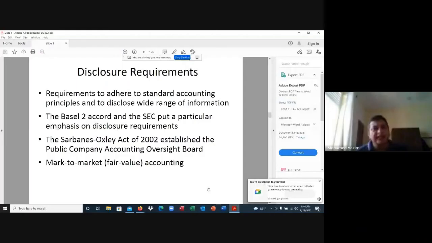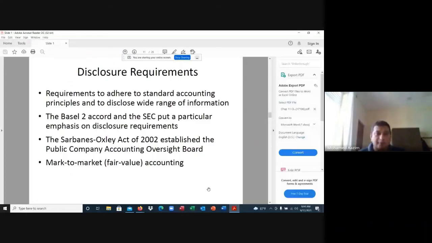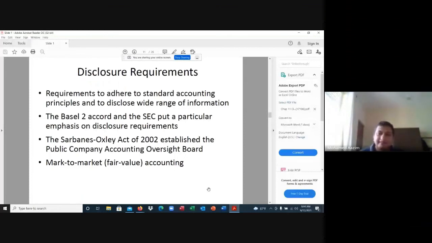Another requirement in terms of regulatory arrangements is disclosure. You have to submit certain reports periodically, and also you have to have certain reports published on a regular basis, and also you have to adhere to standard practices, for instance, accounting practices.